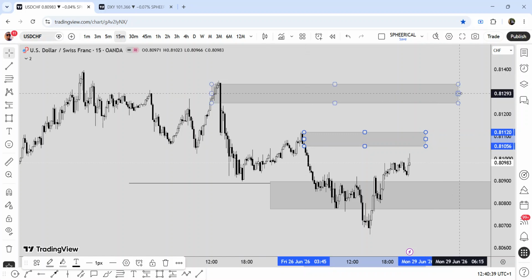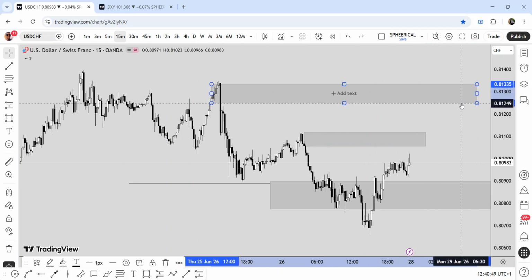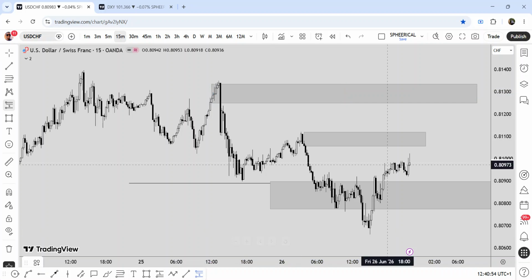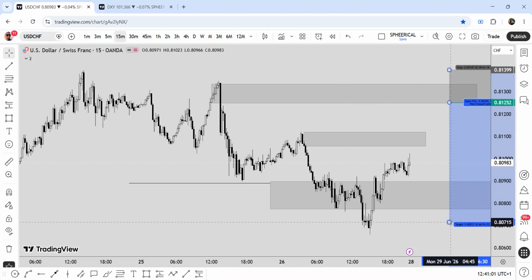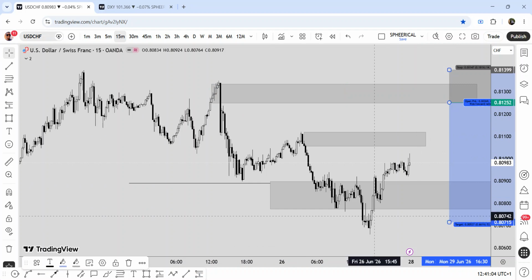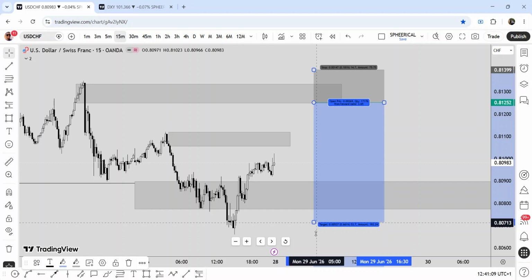But because we established that DXY is going to buy, if the market manages to come up here, I will be looking forward to taking a sell in this zone, because that zone swept liquidity before breaking structure. I'll be looking to take a sell from this zone, targeting this low. This is what I'm looking forward to see.